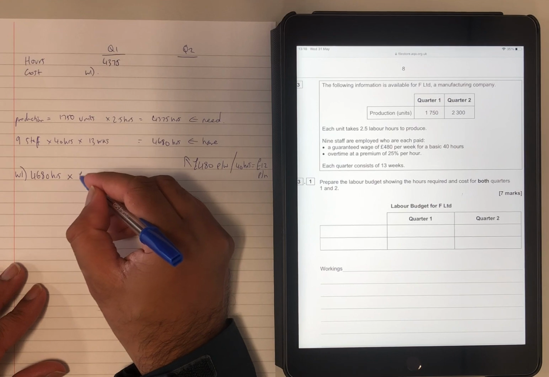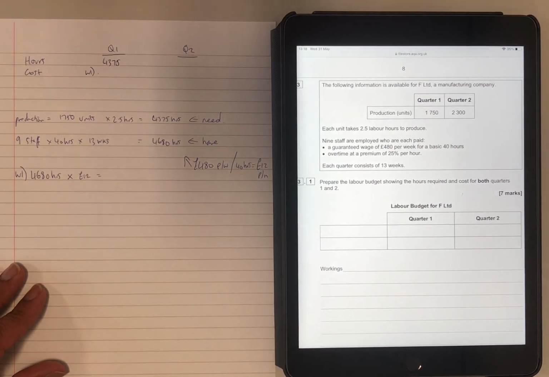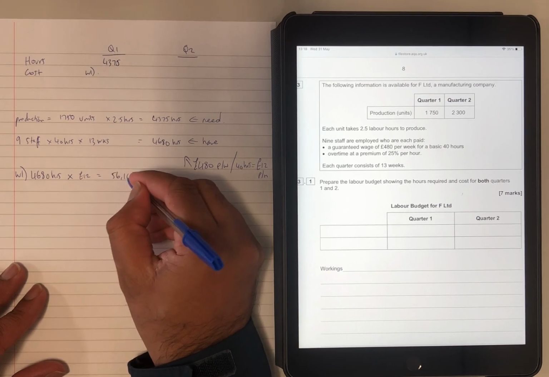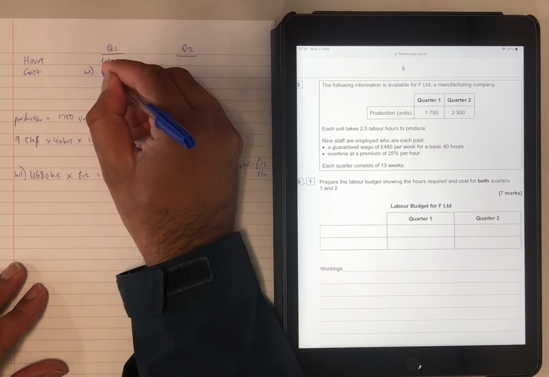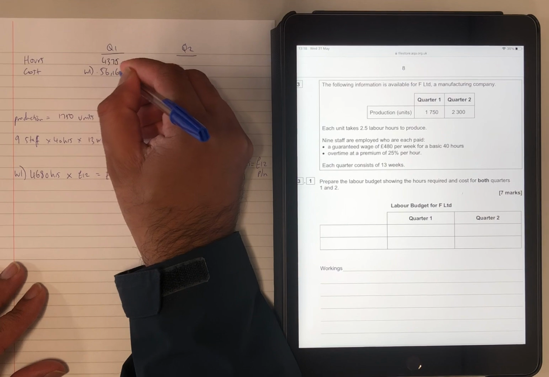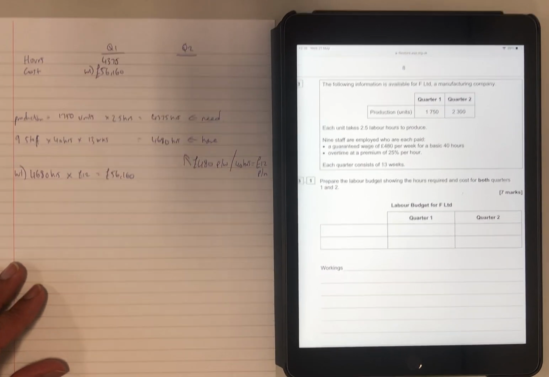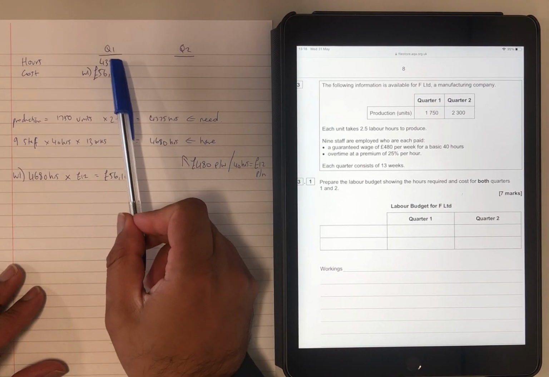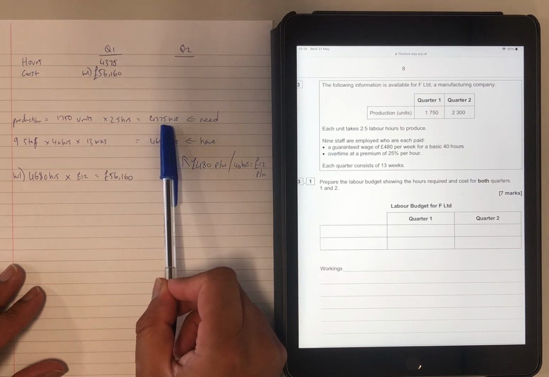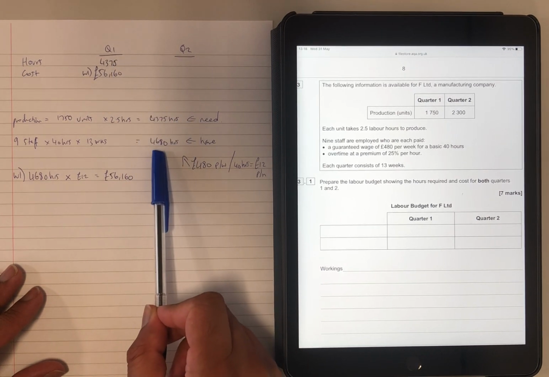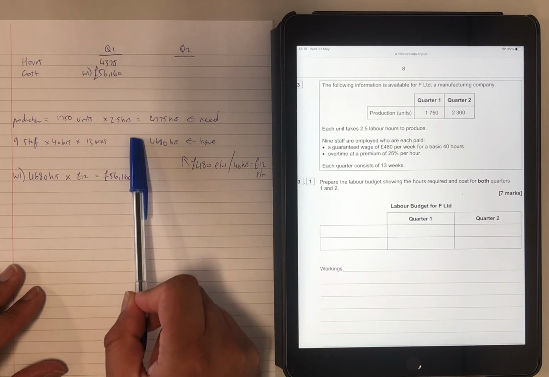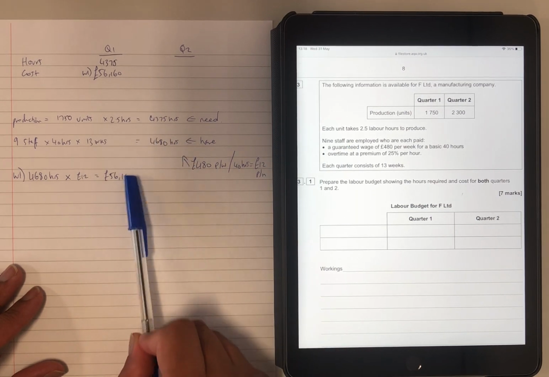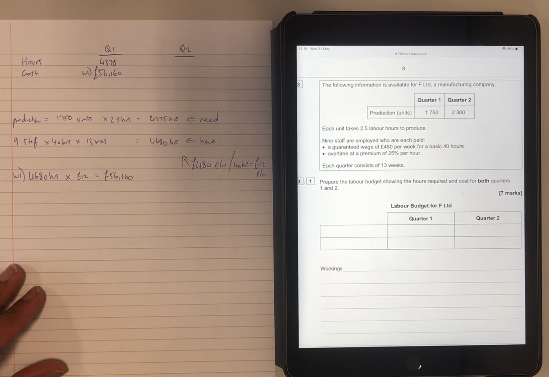In workings 1, we pay them £12 an hour, and that's 56,160. That comes in over here. That's the cost. Just a quick recap: 4375 is the hours we need them for, but we are paying them for the full guaranteed wage rate. Okay, let's move on to quarter 2.